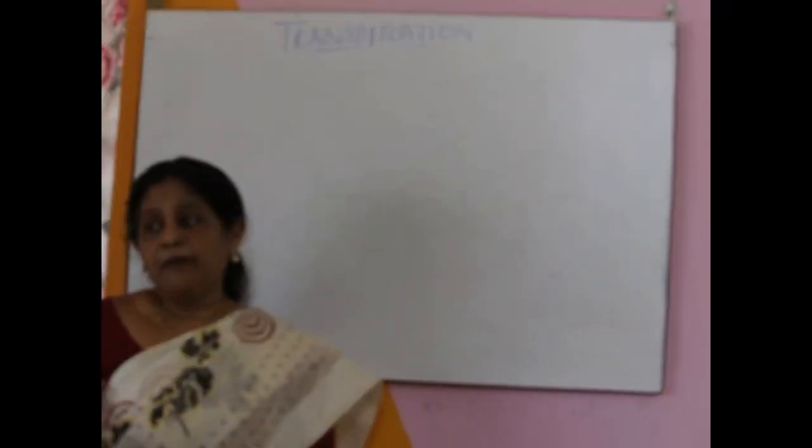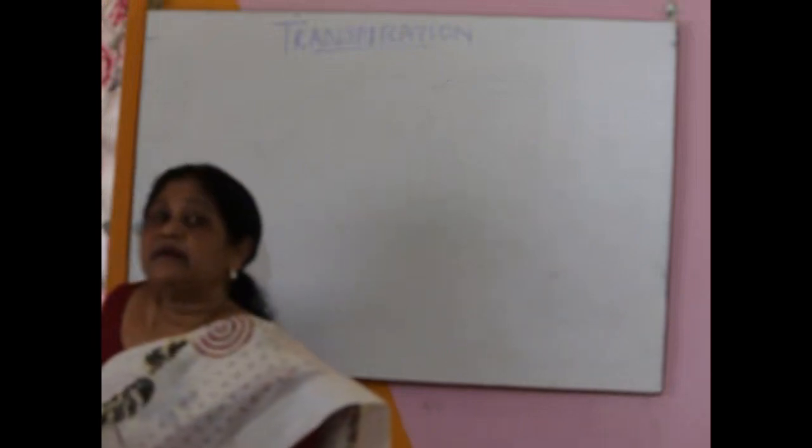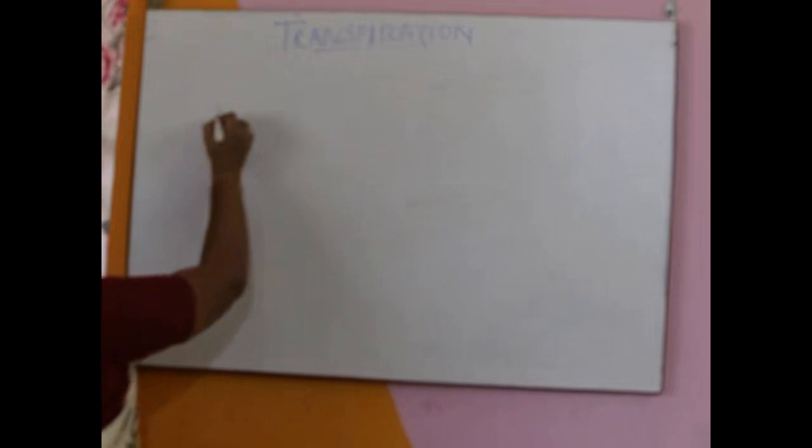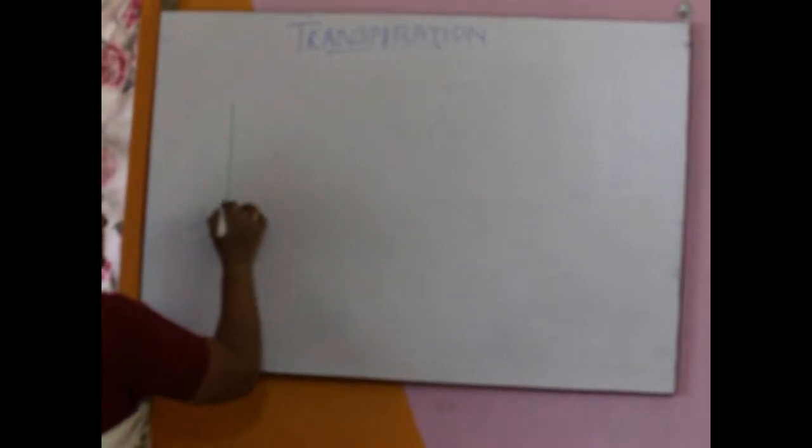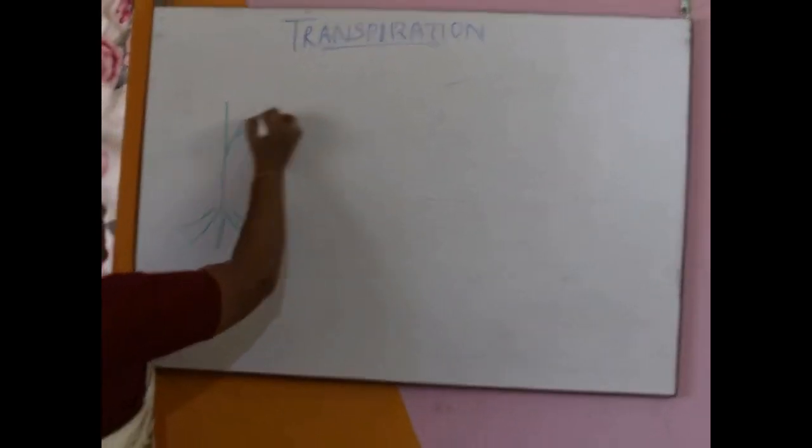But plants absorb water, as you have learned in lower classes, through their roots. Suppose this is the plant, right? It has its roots through which water reaches the aerial parts of the plant, or say the upper part.